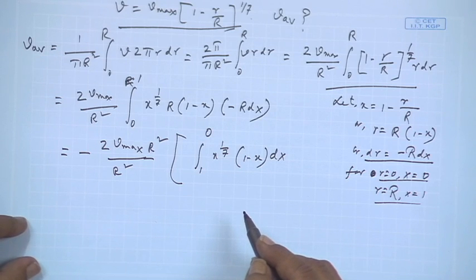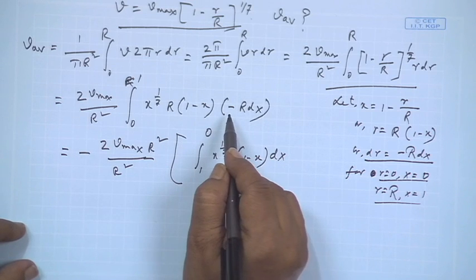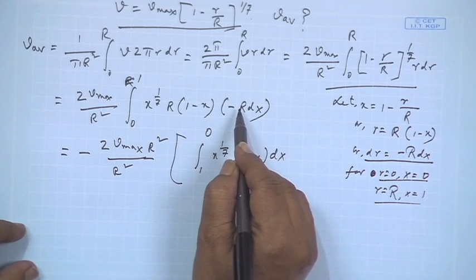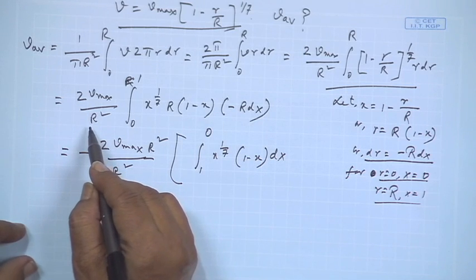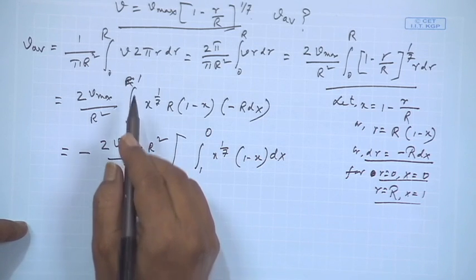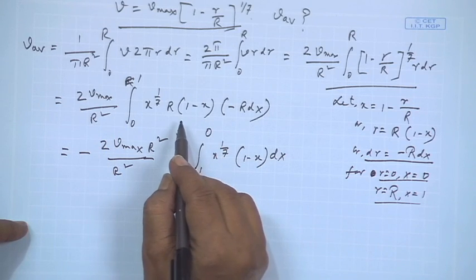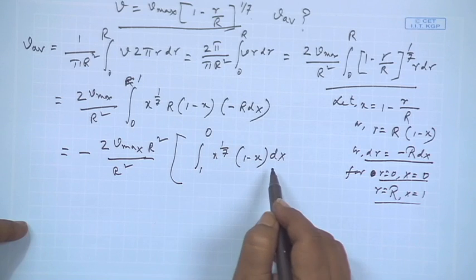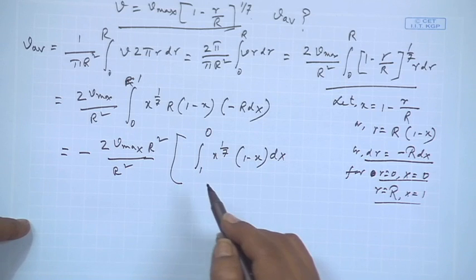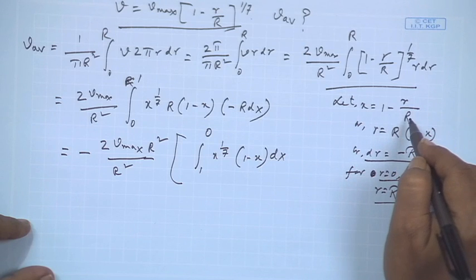The minus has been taken out. Only one thing to note: x is equal to 1 minus r by R.